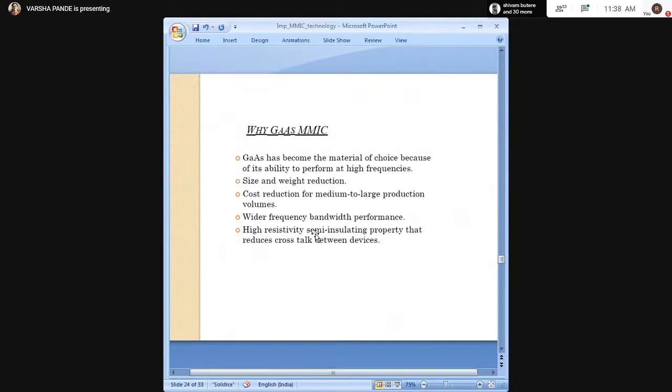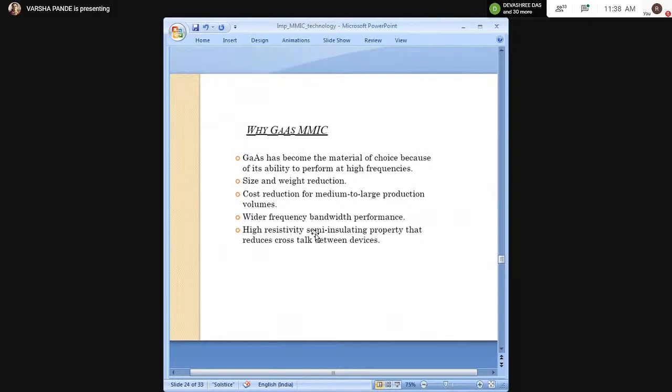Here you can see why GaAs. GaAs has become the material of choice because of its ability to perform at high frequencies. For high frequencies it will give a good response. Its electron mobility is higher. Then size and weight reduction: its size is small, weight is also less. Cost reduction: some technologies are already designed for GaAs.